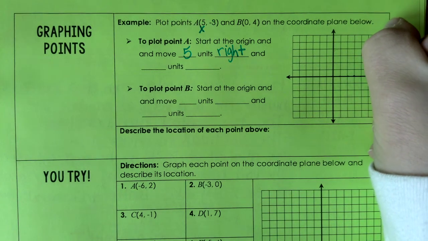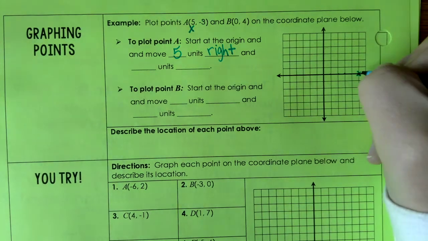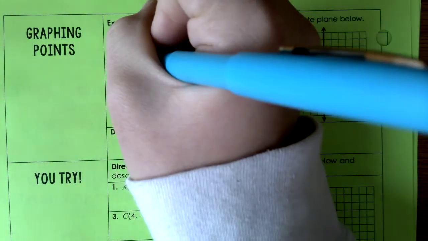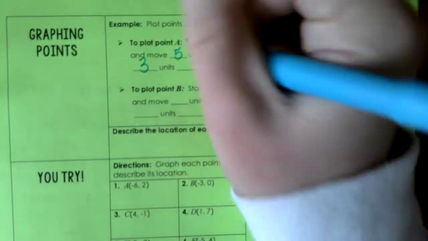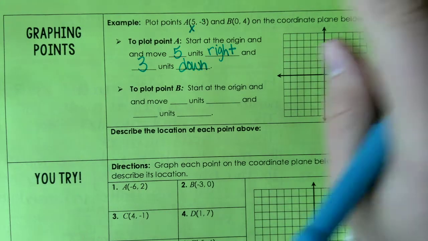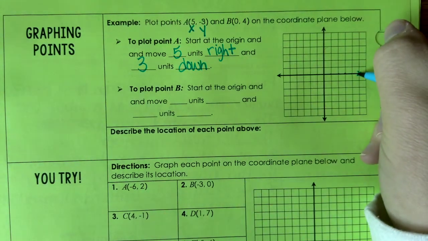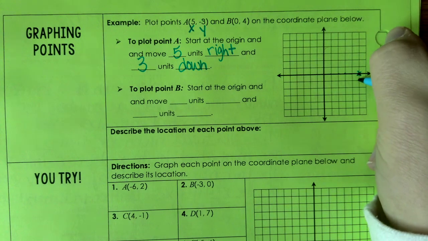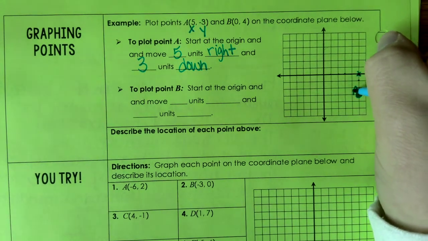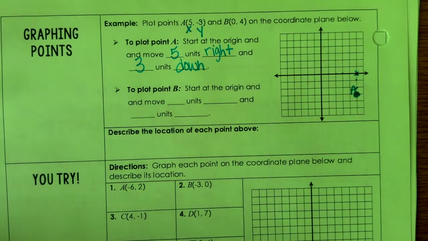Now from that 5, I am going to move 3 units down, because that's a negative. So from this 5, I go down 1, 2, 3, and that's point A. That's how you plot your points.